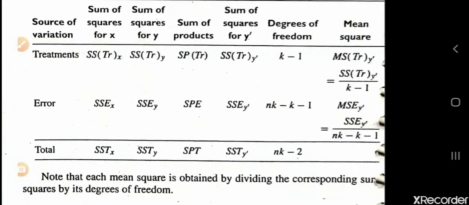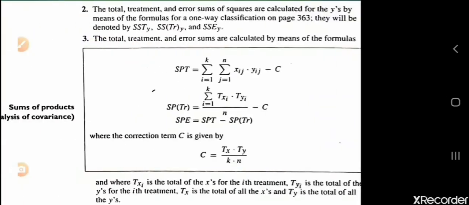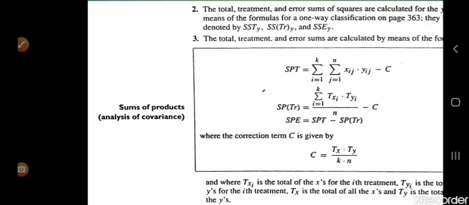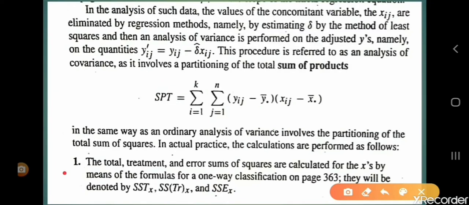I'm repeating one more time the whole process of analysis of covariance before going to the problem. First, we will calculate the total, treatment and error sum of square for x, like we used to calculate for one way ANOVA.